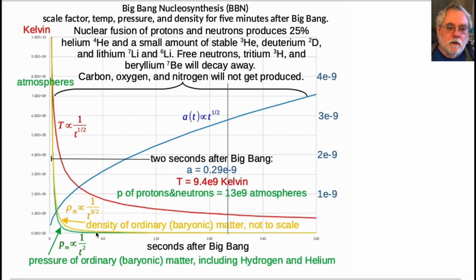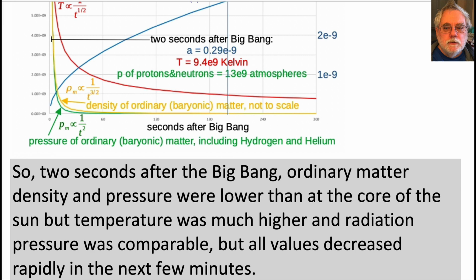This is the green curve on the graph, with its scale on the left-hand side, from 0 to 10 billion atmospheres. So, 2 seconds after the Big Bang, ordinary matter density and pressure were lower than at the core of the Sun, but temperature was much higher and radiation pressure was comparable, but all values decreased rapidly in the next few minutes.